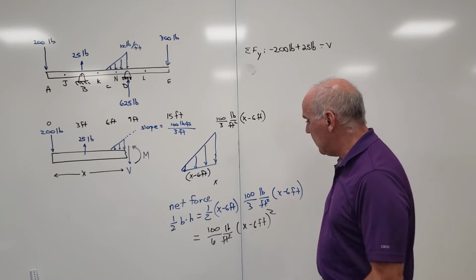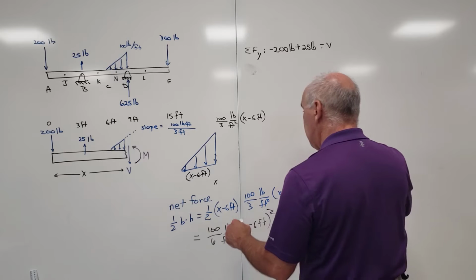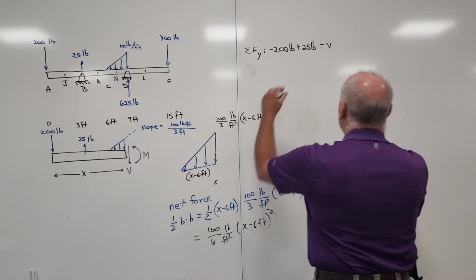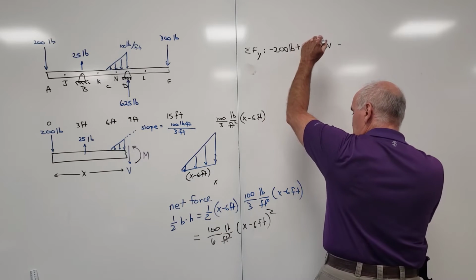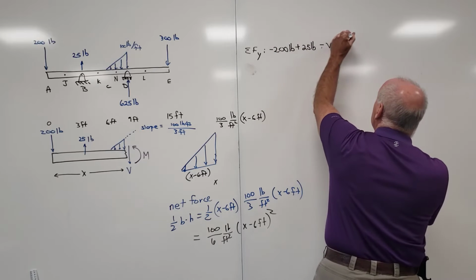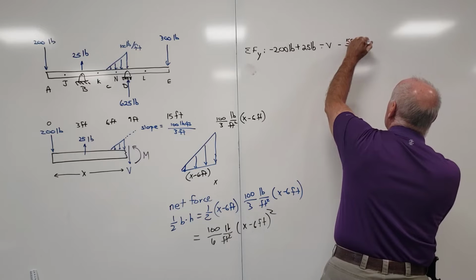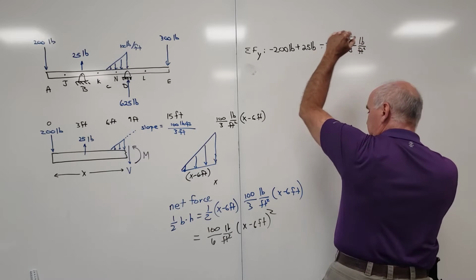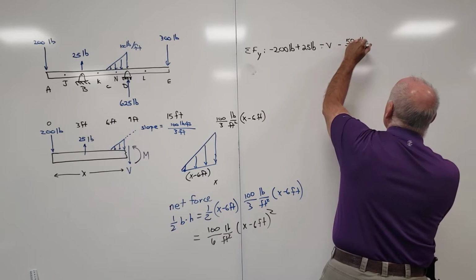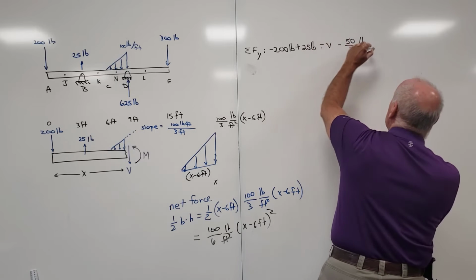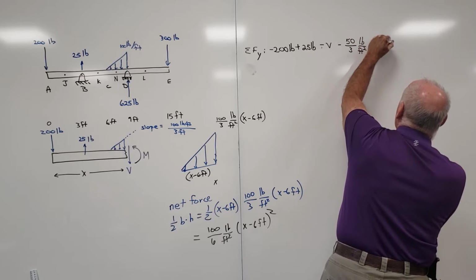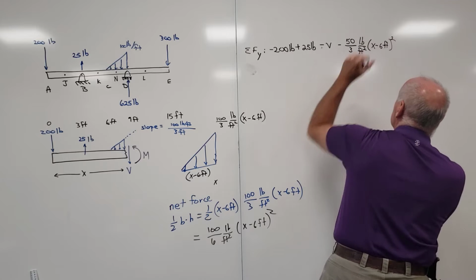I need to bring that in. That's pointing down, so minus 100 over 6, which is 50 over 3 pounds per square foot, times X minus 6 feet, quantity squared.